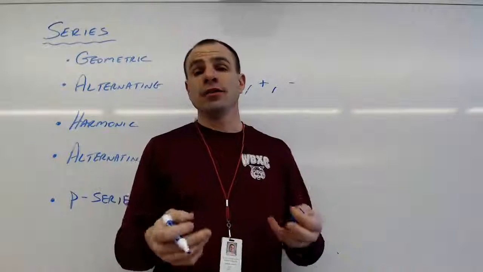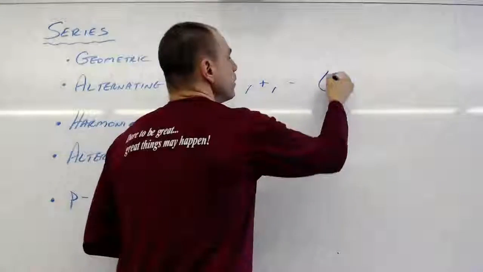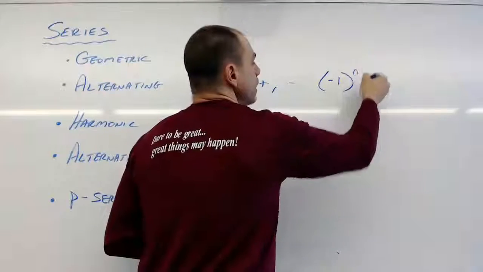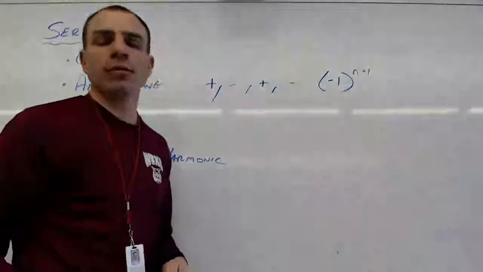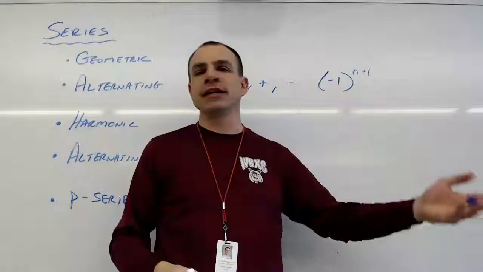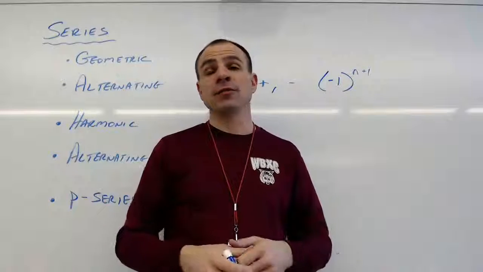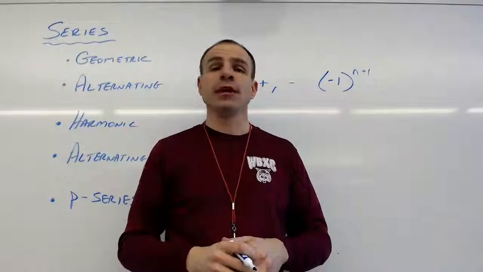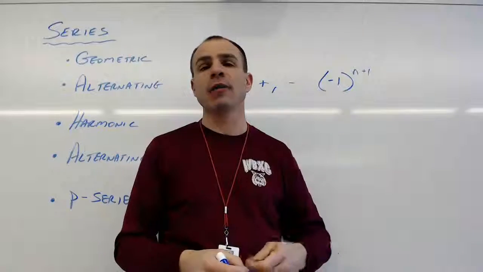As you can see in the notes, this is achieved by having (-1) to the nth power, or the n minus 1th power, or the n plus 1th power. Because the exponent keeps shifting from odd to even, that allows the sign change between consecutive terms. But we need that (-1) to the n plus 1 or n minus 1 power in order for it to all work out.